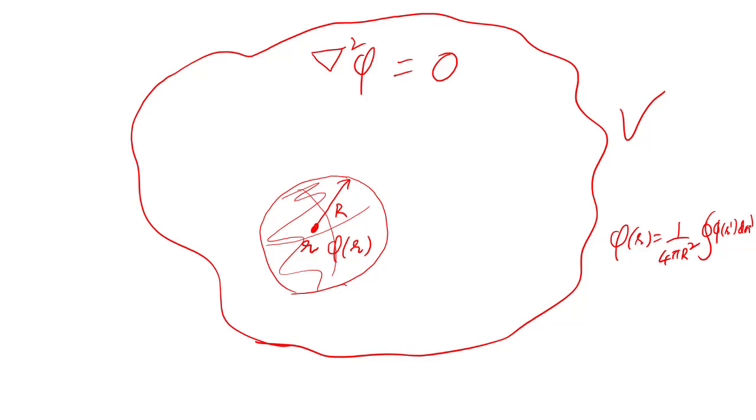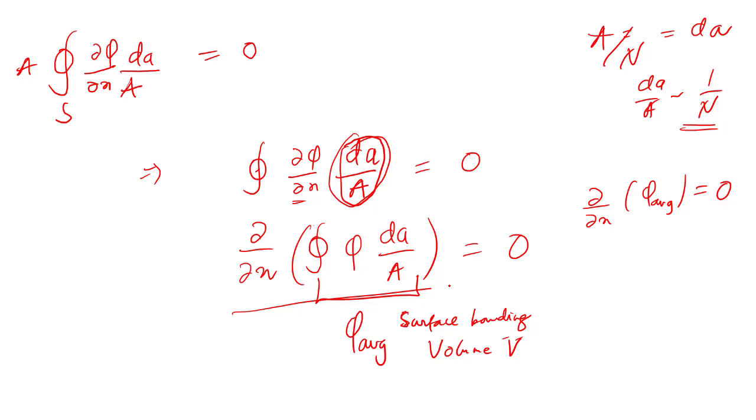But what we have just derived shows us that this average itself is not changing, because ∂/∂n of φ average is equal to 0.